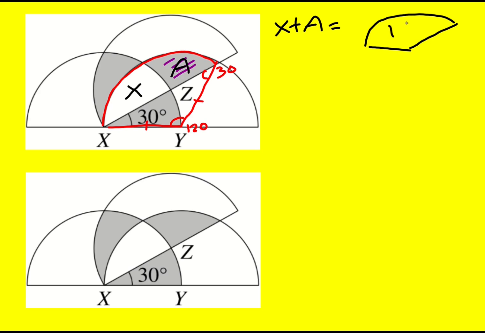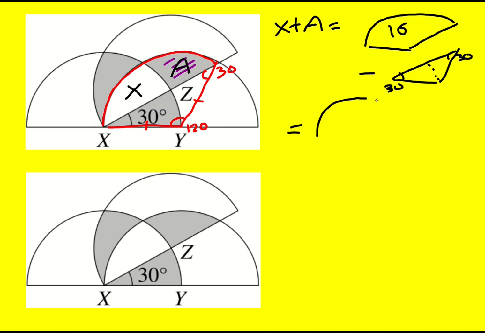It's going to be 16. But then I'm going to need to minus the area of this isosceles triangle.